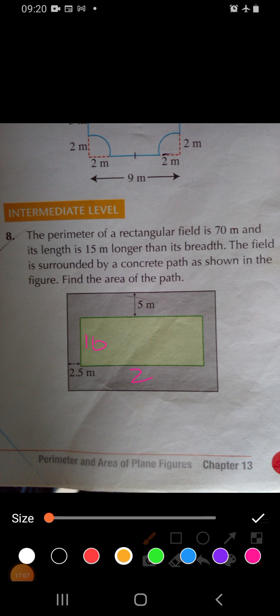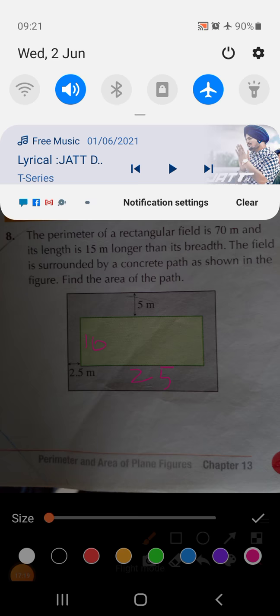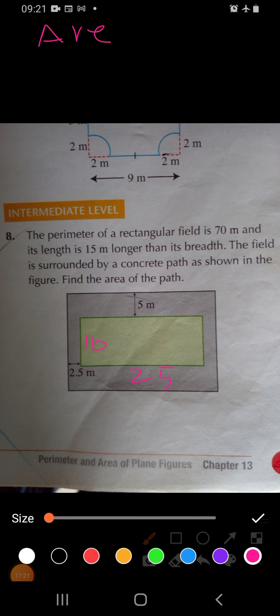Area of the smaller rectangle, we can simply find length into breadth. So area is equal to length into breadth.